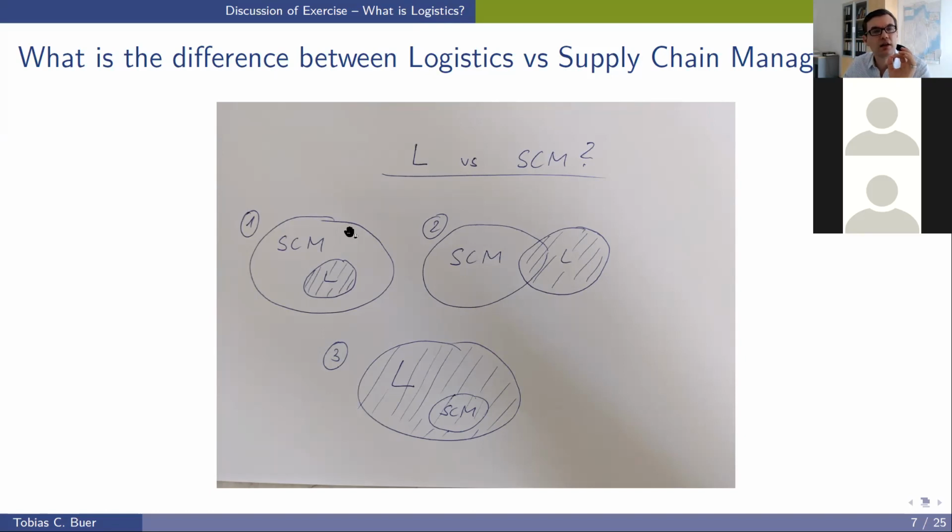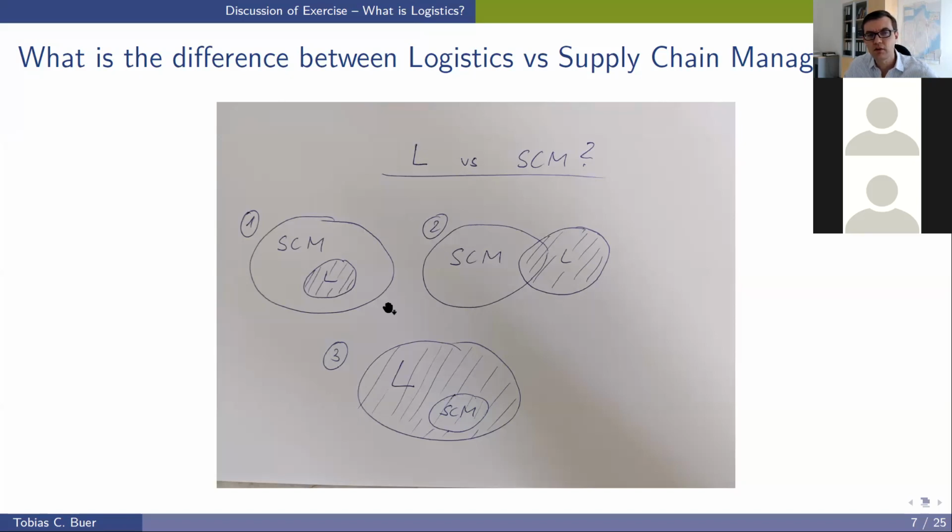And again, this is also related when you are looking for jobs. If they search someone who's an expert in supply chain management or a manager of the supply chain, should you apply when you studied logistics, for example? This is a very important question. And from my point of view, yes, of course, definitely you should apply because you are well suited to do the job.